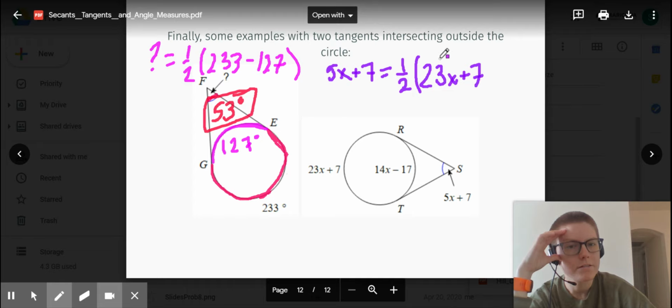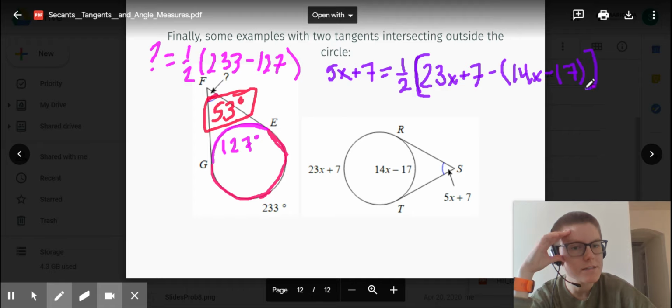You know what? Despite the fact that the square brackets are following me, I'm going to use them again. Minus parentheses 14x minus 17. Close the parentheses, brackets.